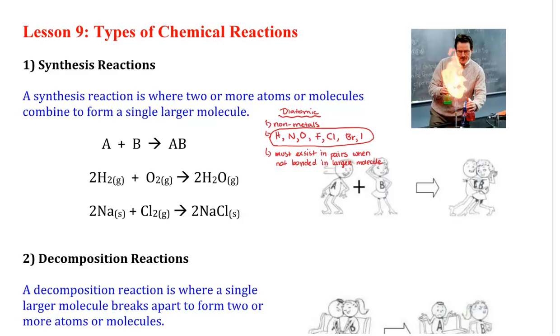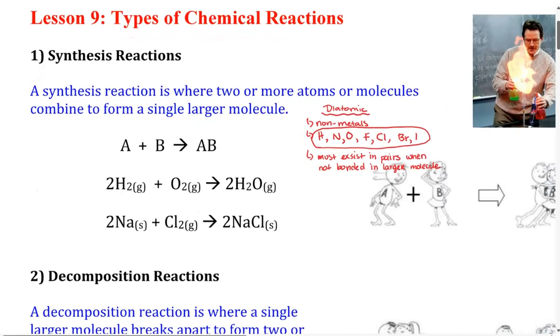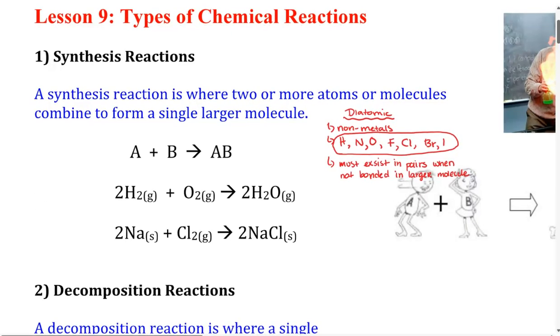So our first one we're going to be talking about is the synthesis reaction, and this is probably one of the easiest ones. Synthesis just means to make or to synthesize, and it's when we have generally two, there can be more, but in our examples at grade 10, you'll only see two different elements that are going to react together to form some larger molecule, and there's only going to be one molecule that it forms.